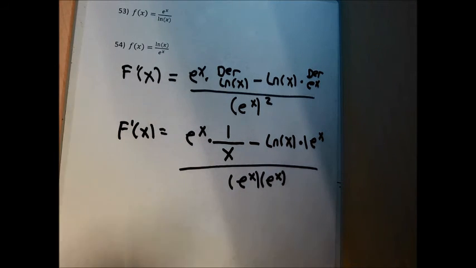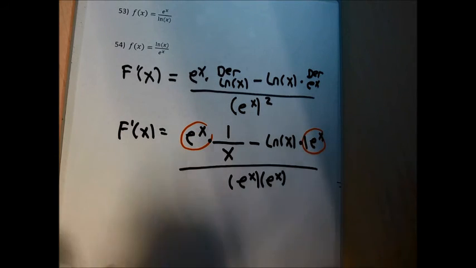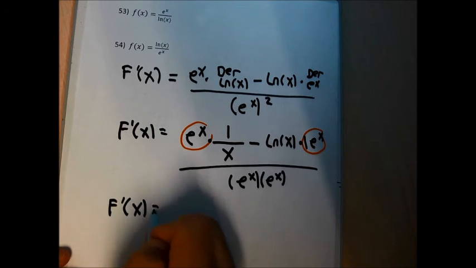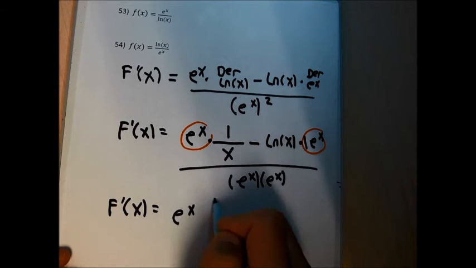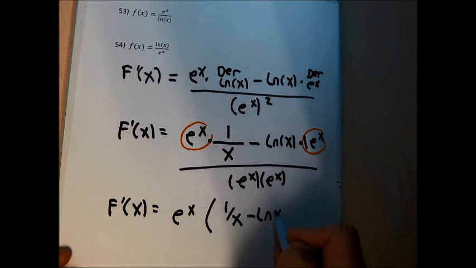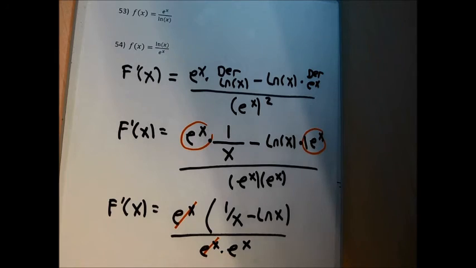A common factor of e to the x is pulling at me, so I'm going to pull out that common factor. So f prime of x equals e to the x times 1 over x minus the natural log of x, all over e to the x times e to the x. I can definitely cancel out one of those e to the x's.